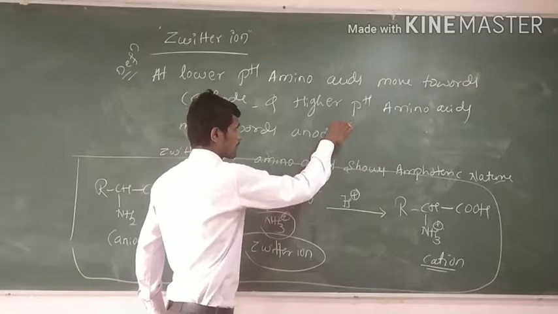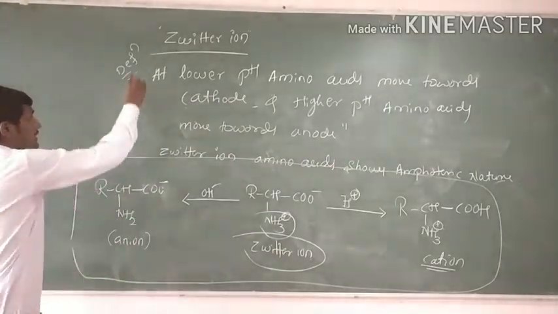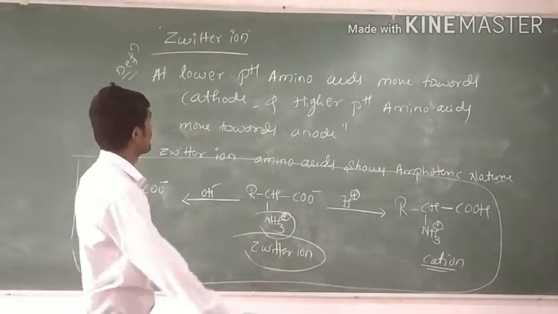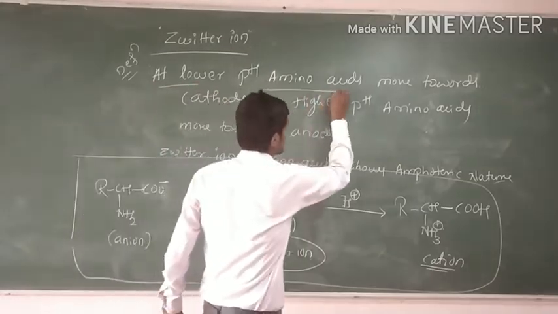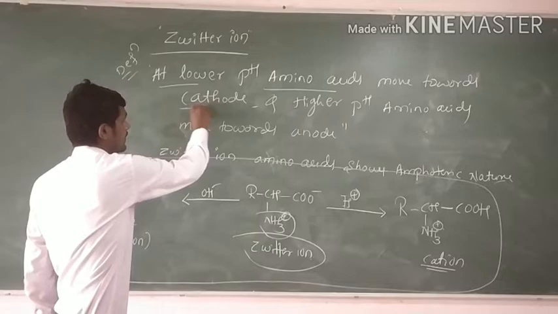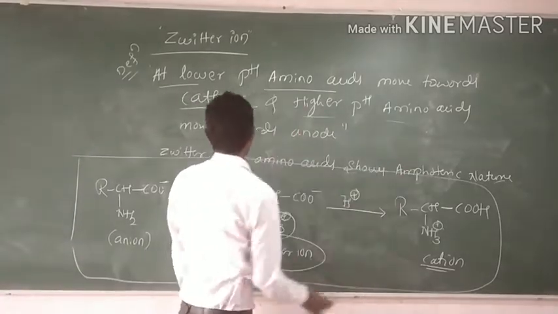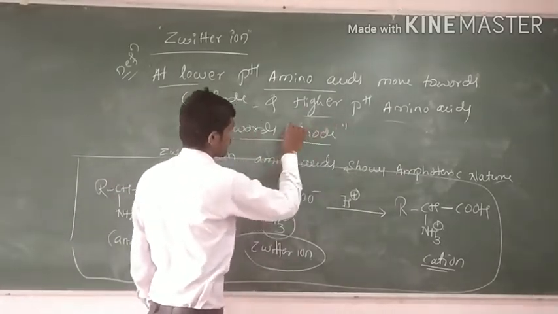This is a very important point. It also helps for your CET as well as NEET level examination. Remember this point. At lower pH, amino acids move towards cathode, and at higher pH, amino acids move towards anode.